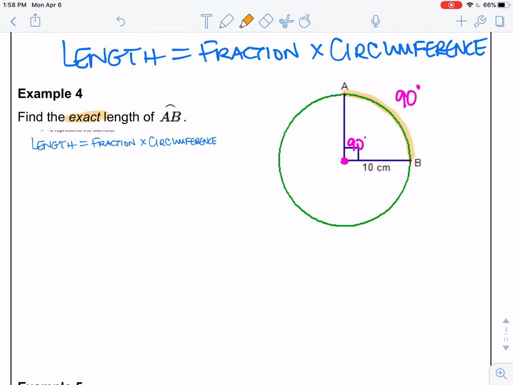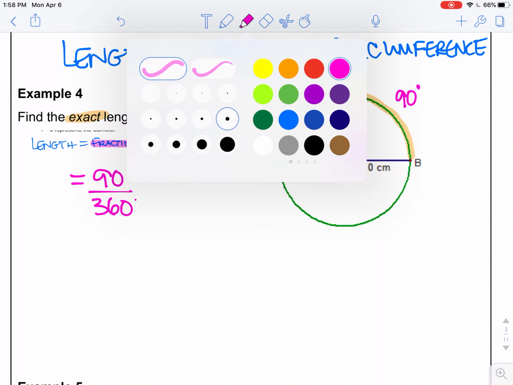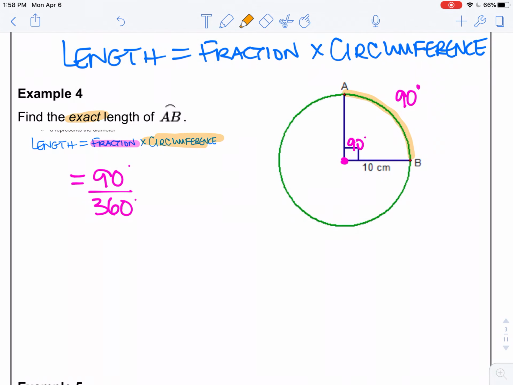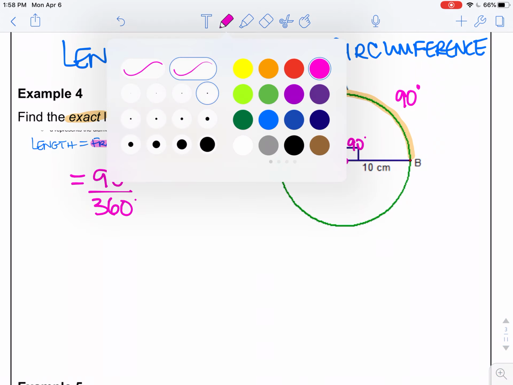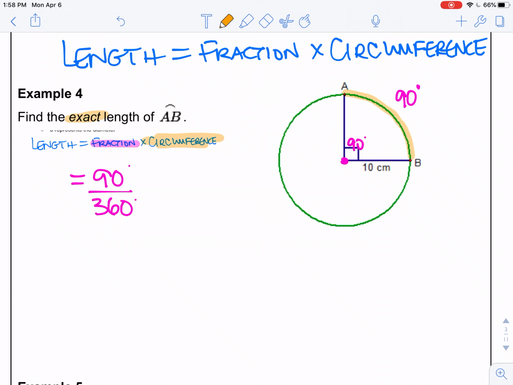And if I'm dealing with my fraction, I'm dealing with 90 degrees, and the whole circle is 360 degrees. If I want to simplify that right away and call that 1/4, that's just fine. Now I need to also find my circumference. Now remember, in my toolkit, we have either pi d or 2 pi r. I notice in this example, I'm given 10 centimeters, and that's my radius.